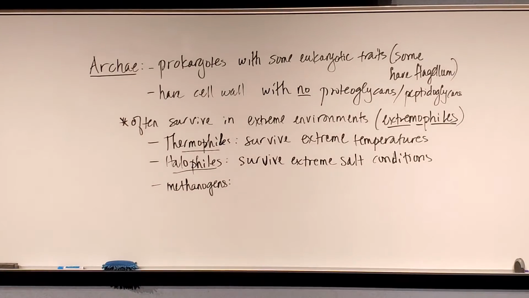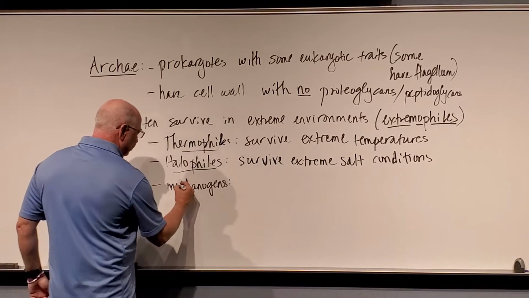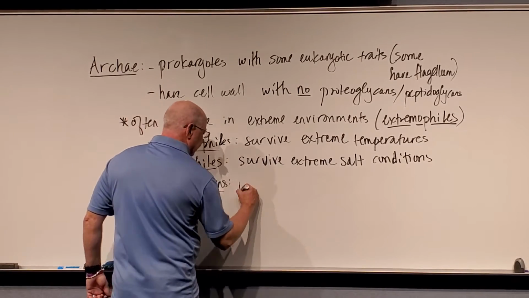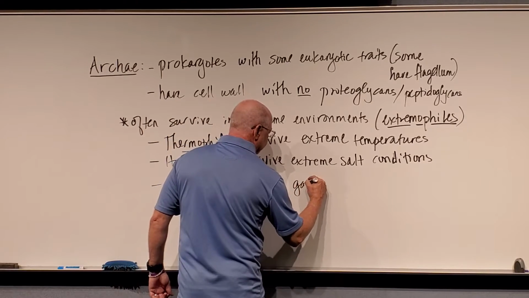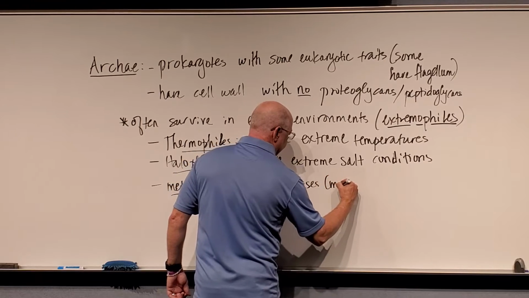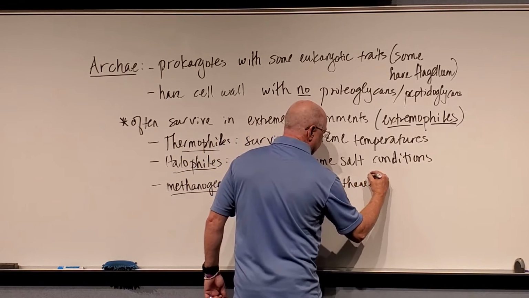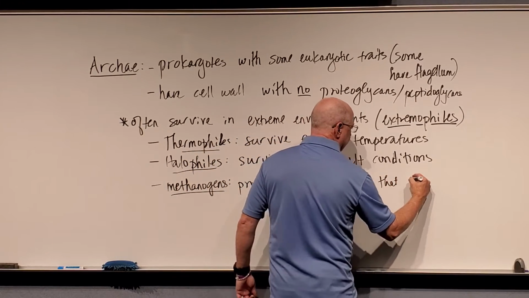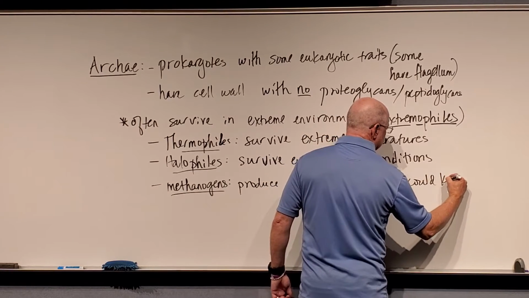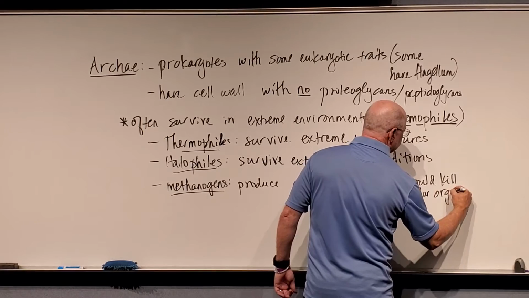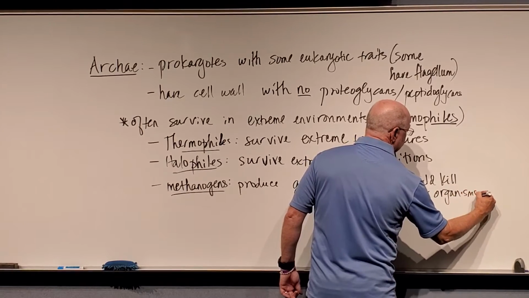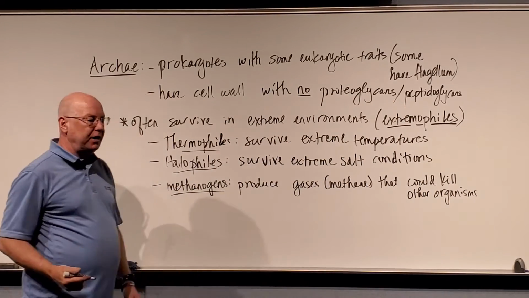And one of the things we know that methanogens can do is they produce gases. One of those gases is methane that could kill other organisms. And so these can survive in their own extremely gassy environment.